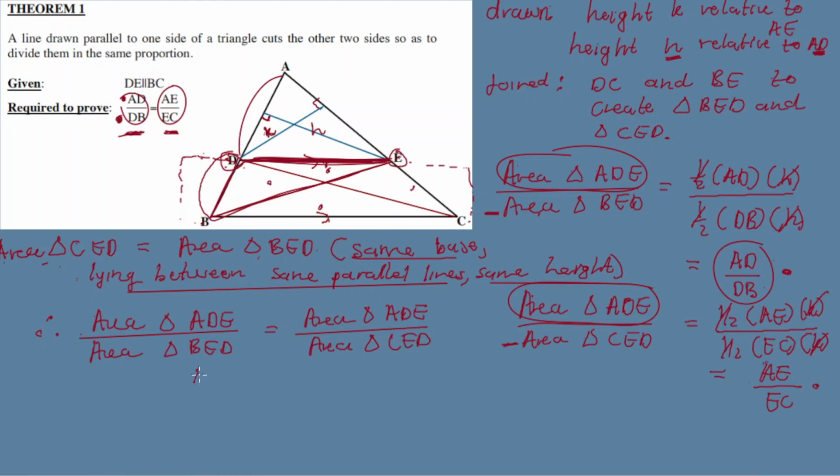So therefore AD over DB is equal to AE over EC.